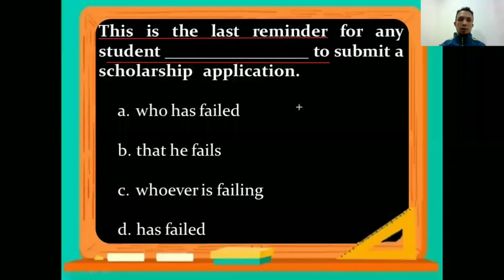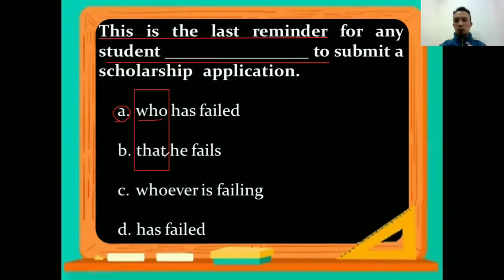So in this case, the only ones which have a relative clause are A and B, that is who or that. In that sense, if I need to choose one of them to talk about a person, it's better to choose who, being more specific about it. Okay, this is the last reminder for any student who has failed the test.